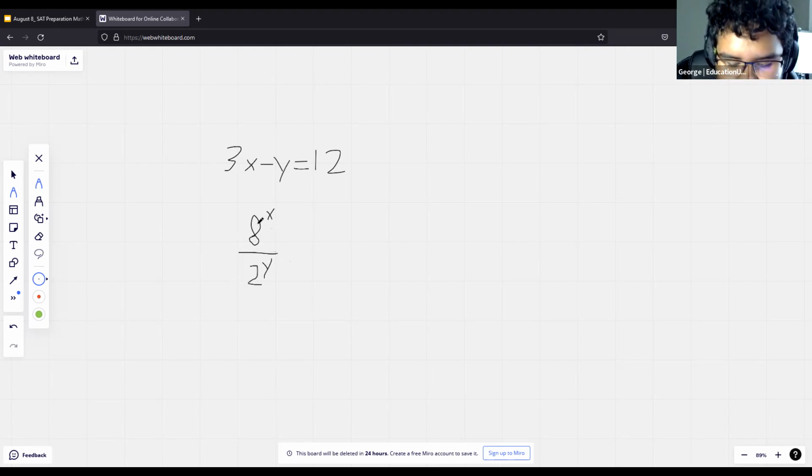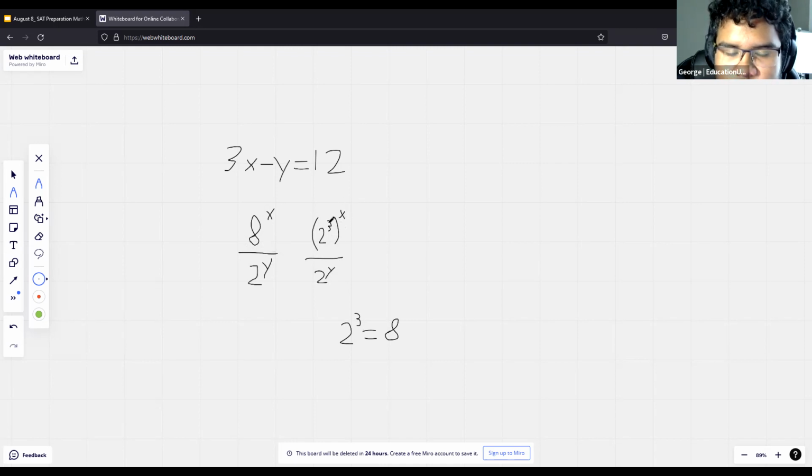One thing to keep in mind in this problem is that 2 to the third power is equal to 8. And that's something you can substitute in this part of the equation here. What we end up getting is 2 to the third raised to the power of x, over 2 to the y.